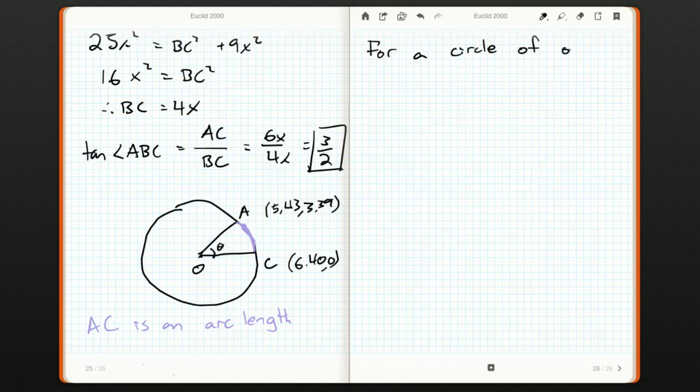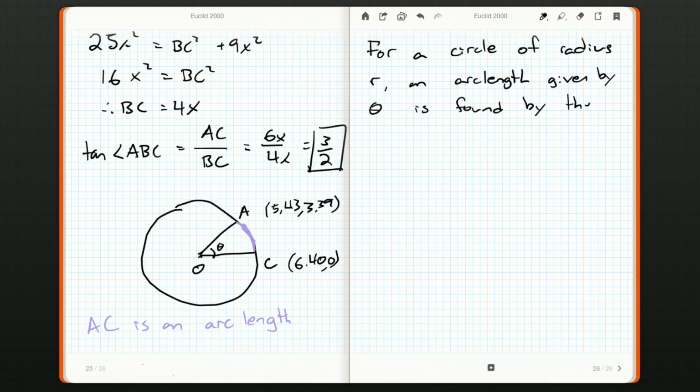So for a circle of radius R, the arc length associated to theta degrees is found by the formula.